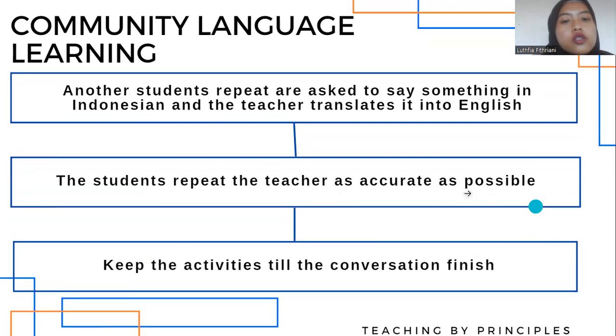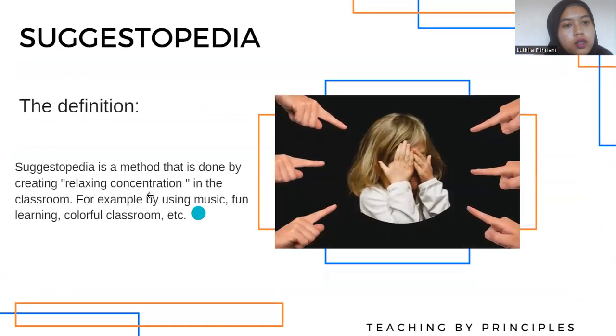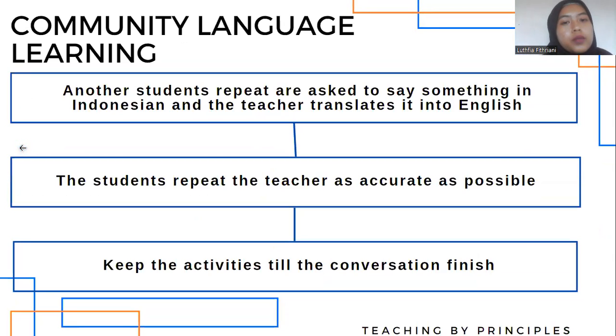After that, another student is asked to say something in Indonesian and the teacher translates it into English. The students repeat the teacher as accurately as possible and keep the activities going till the conversation finishes. That is about community language learning.